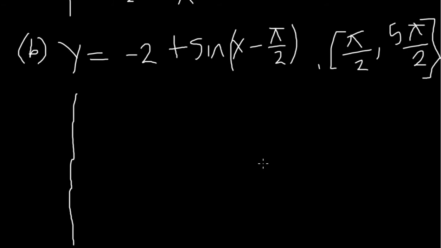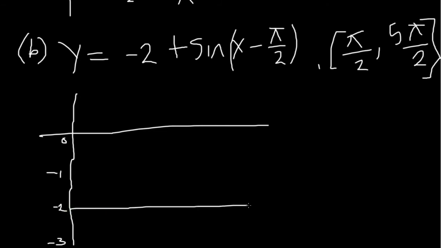Since I know that my shift is negative 2, I'll write it like that. And then this is negative 1, this is 3, this is negative 3. So I'll write my axis there as well.